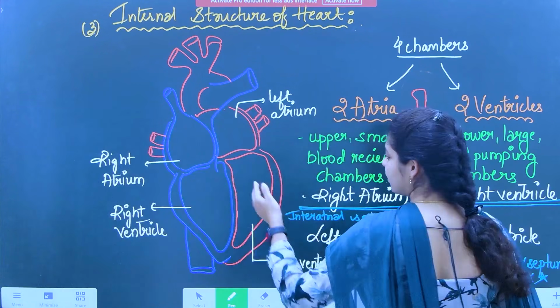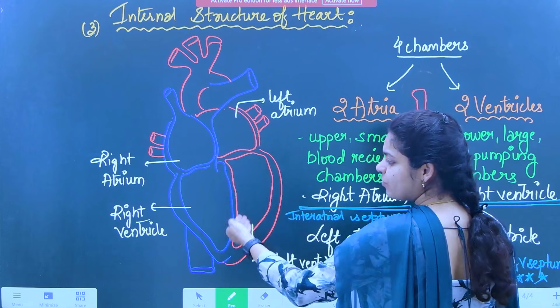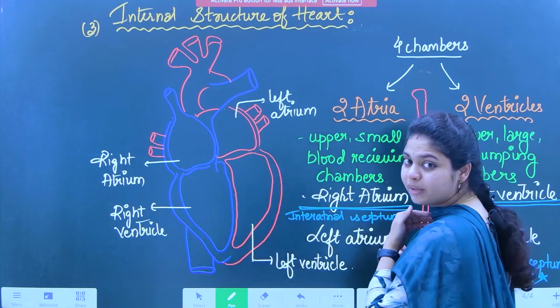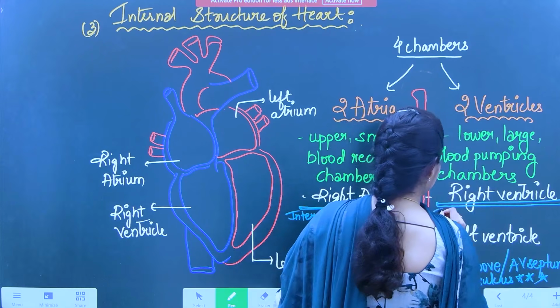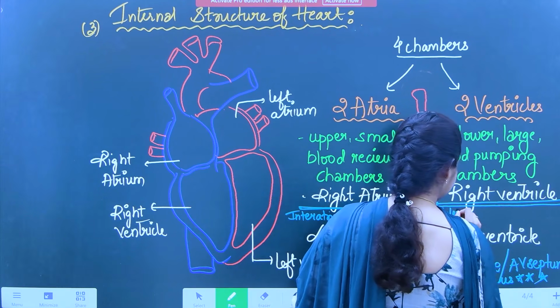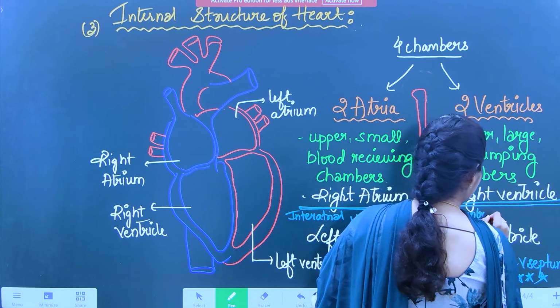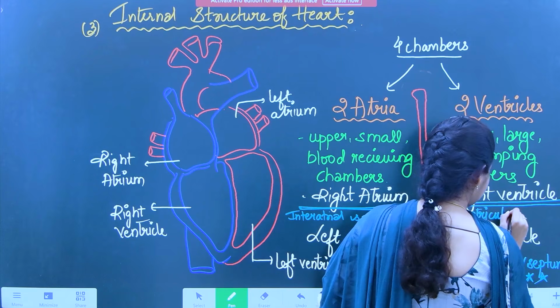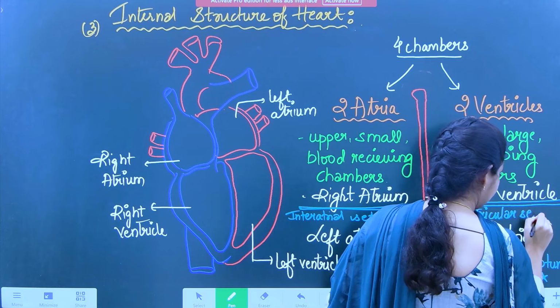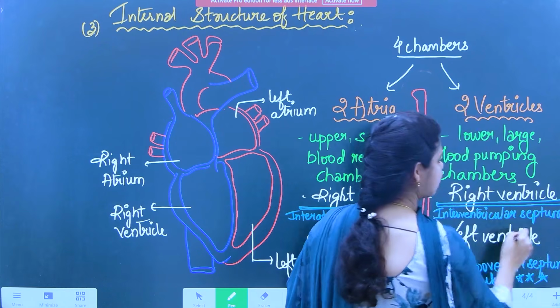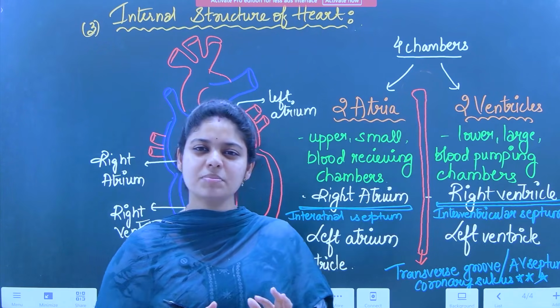Coming to the ventricles, the septum which is separating right ventricle from left ventricle is called interventricular septum.